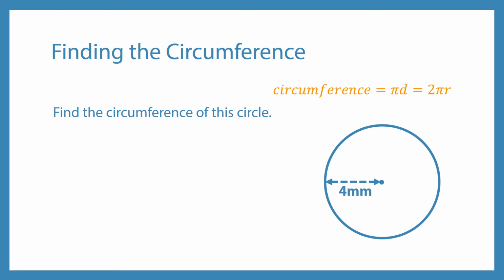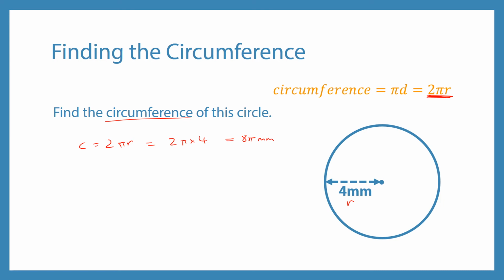All right, now we're going to find the circumference, but this time we're given the radius. So we're going to use this formula here. The circumference is 2 pi r. So we have 2 pi times 4, so we end up with 8 pi millimeters.